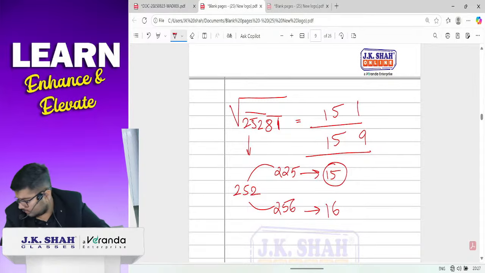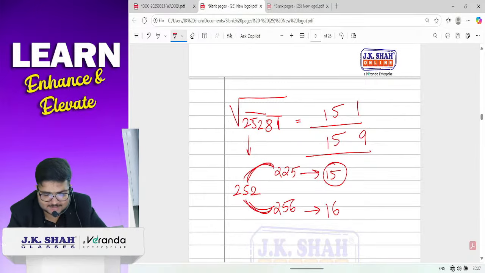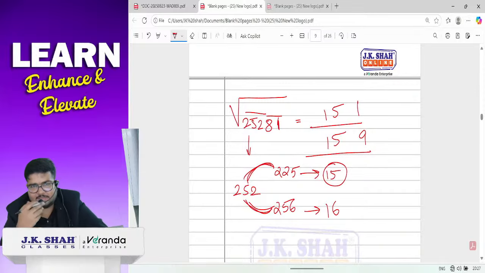Why 151? 252 is closer to which one? Now we have to see closeness. If it is closer to the greater number, then the greater number will be the answer.